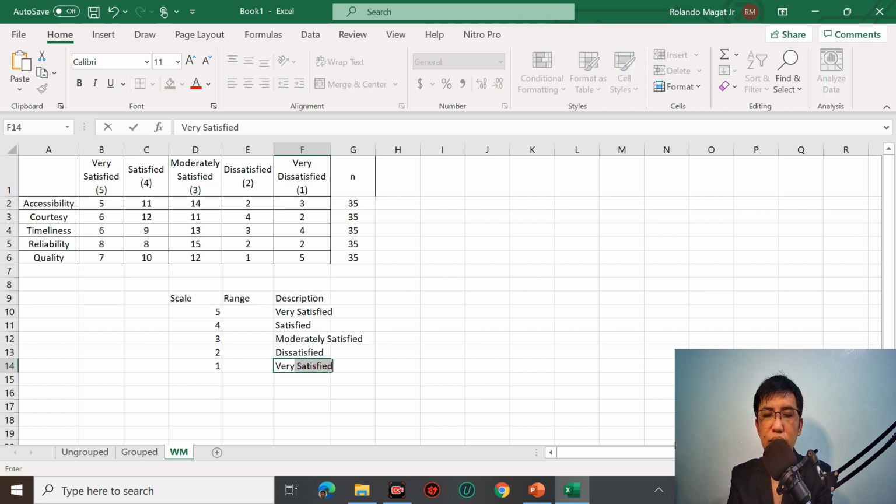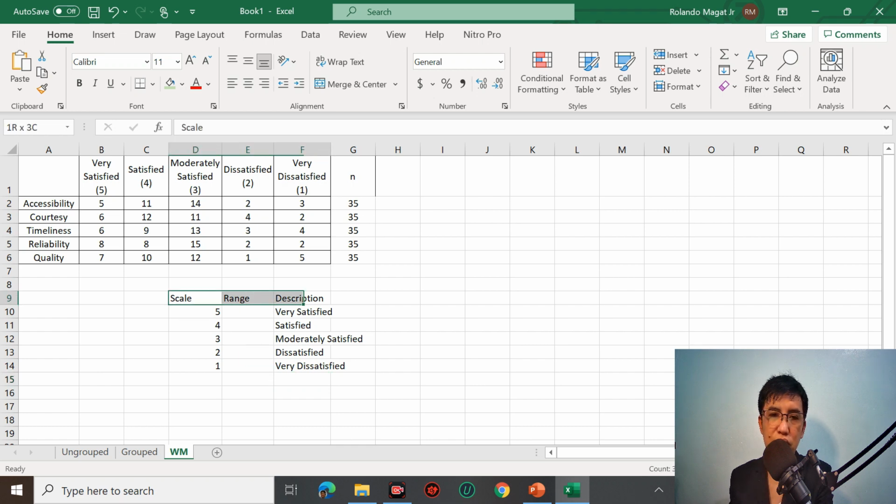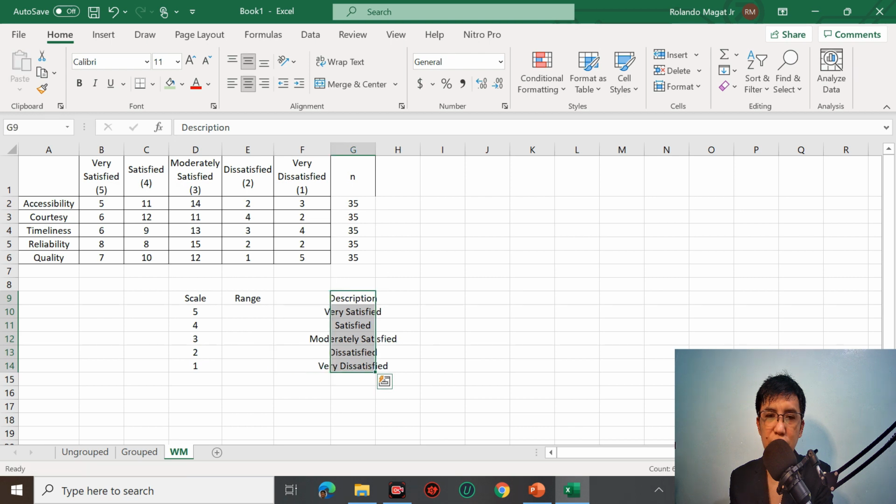Ang 1 is very dissatisfied. Okay, but we don't know yet the range for each. Okay. Kasi nga, we are going to get the weighted mean for each.